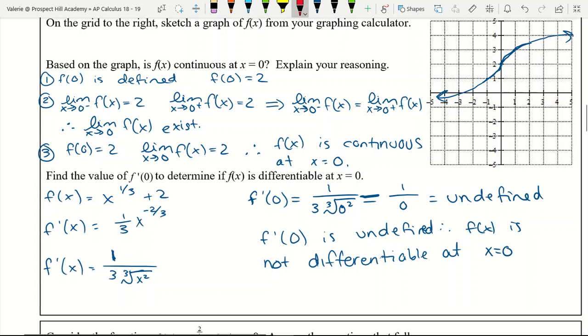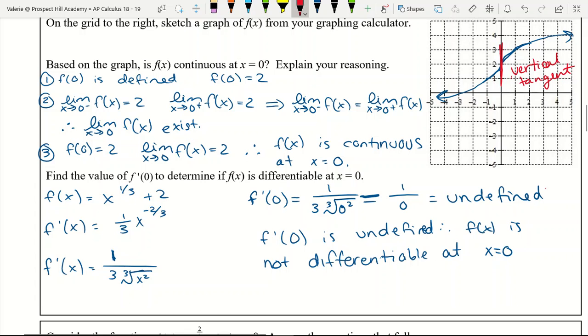And by looking at the graph, an undefined slope is also considered a vertical tangent. So this is a vertical tangent. If I had graphed it a lot nicer, you would have seen that it's a vertical tangent at 0.